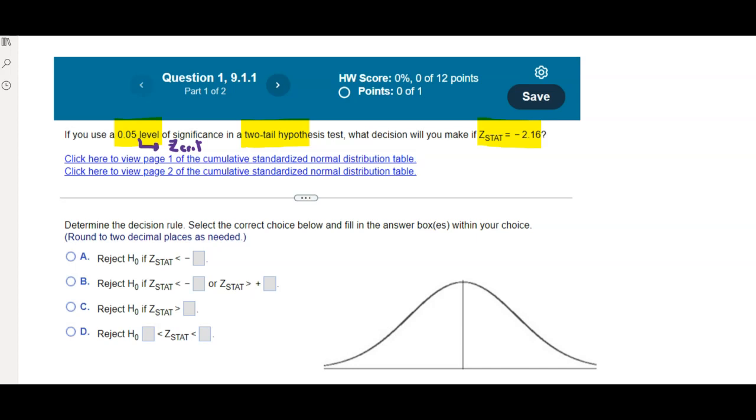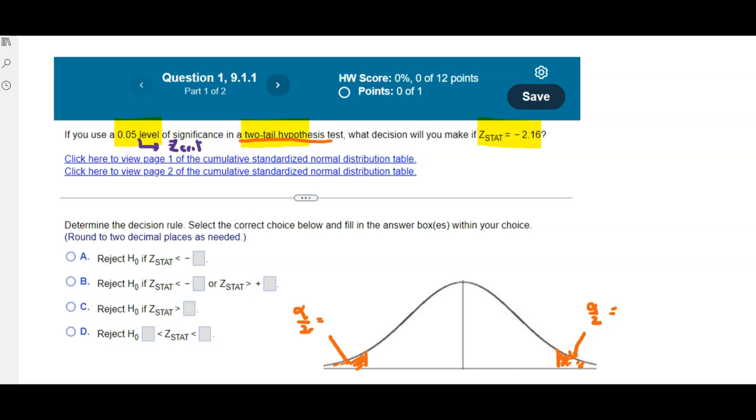Now, because we are given the two-tail hypothesis testing, it means that alpha is going to be divided in two, because there are two tails. So this level here and this one here are the level of significance. So this is going to be just alpha over 2 here and alpha over 2 over here as well, and you notice they are symmetrical.